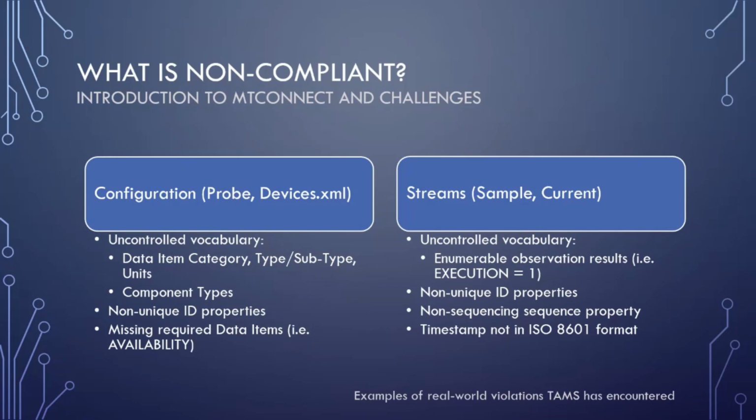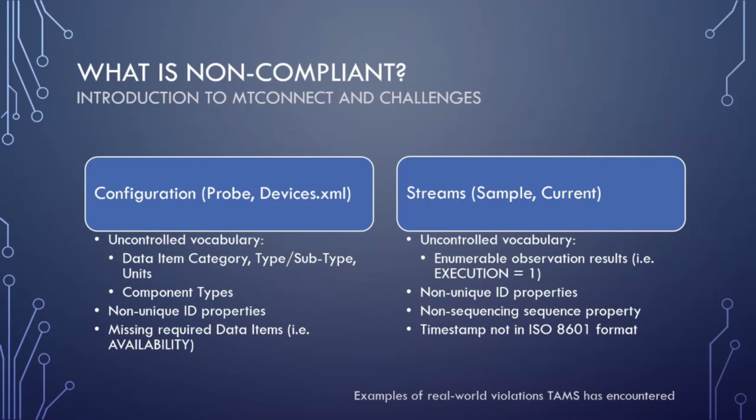So as we started connecting new instances of our Revolution Core platform, and this is back in the 2017, 2018 time period, we slowly started noticing that a lot of the MTConnect solutions out there, when we connected them to our platform, did not follow the standard as we initially intended.